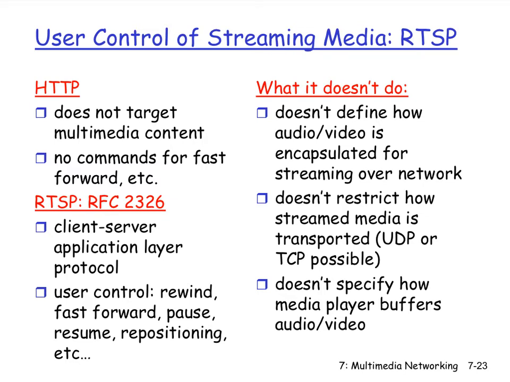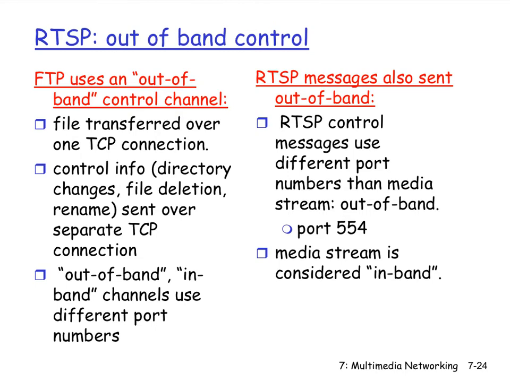Or if you want to reposition, which means that you want to start playing from a different position, then the RTSP command will inform the server to play from a particular position. So that's basically what it does.